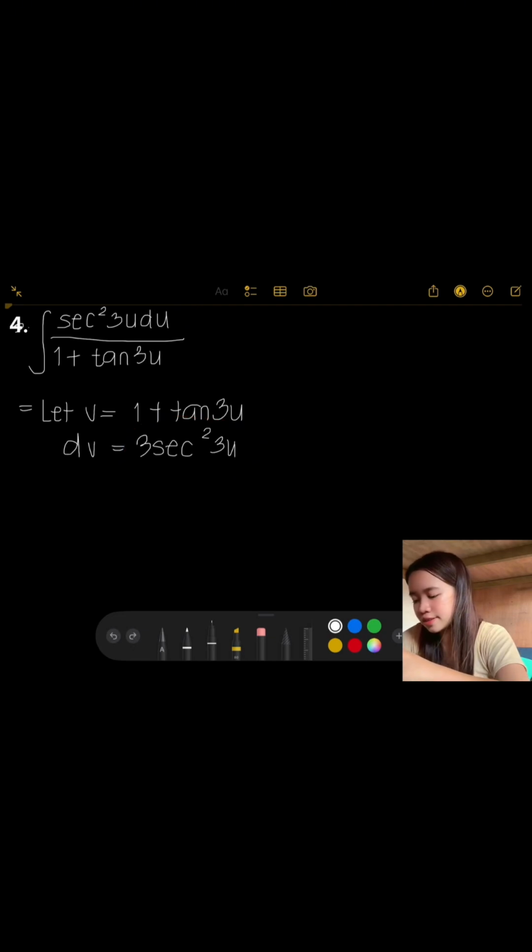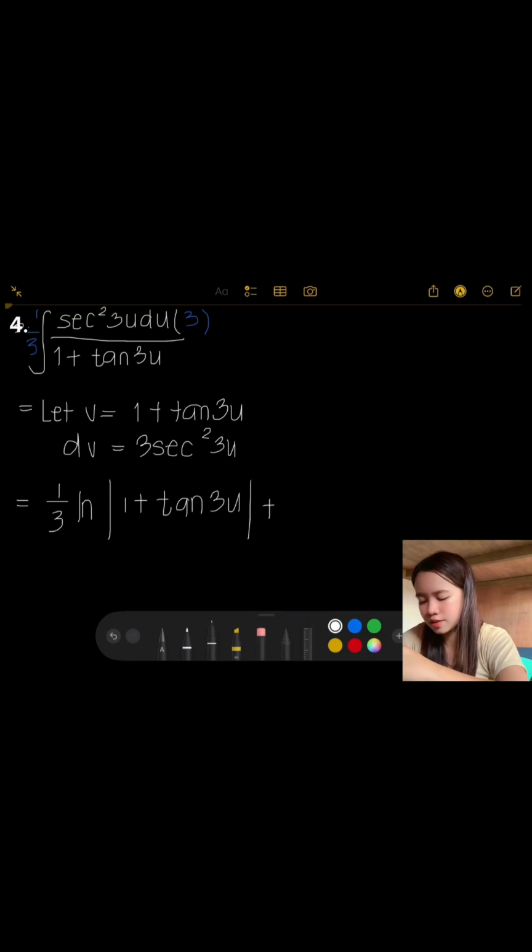For the numerator to become the derivative of the denominator, we multiply by 3 and also 1/3. Let's now plug in our formula: copy the 1/3, ln of v, which is 1 plus tan 3u, plus c. So this is now our final answer.